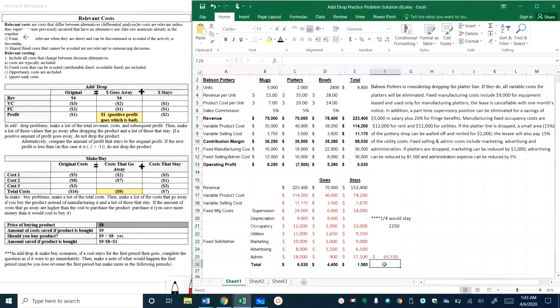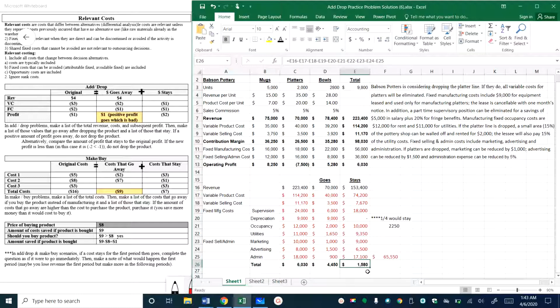$1,580 in profit. Remember, we said if this is positive, that's bad because you don't want to lose a single dollar. In this case, it is positive. But another way to think about it is if the amount that stays in profit is less than the original amount of profit, that's also bad.